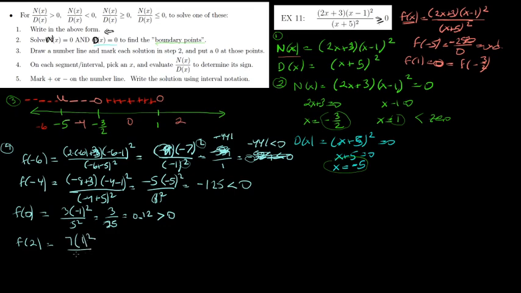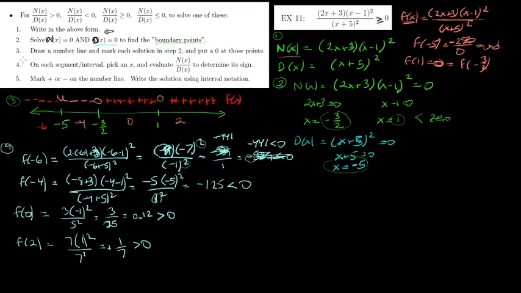Divided by 2 plus 5 is 7. 7 squared is 49. So 7 over 49 is 1 over 7. And that, I think, is positive, right? There's no negative numbers here anyway. So that tells me that at 2, the function f of x is positive, and it's going to be positive everywhere bigger than 2.